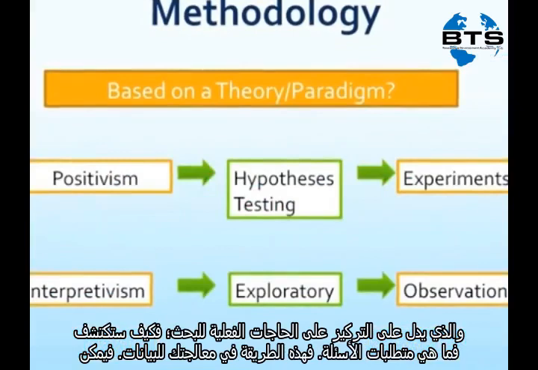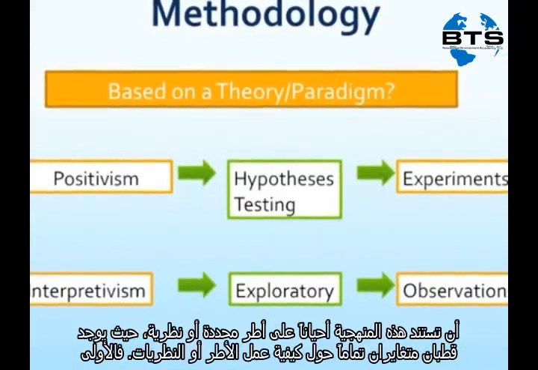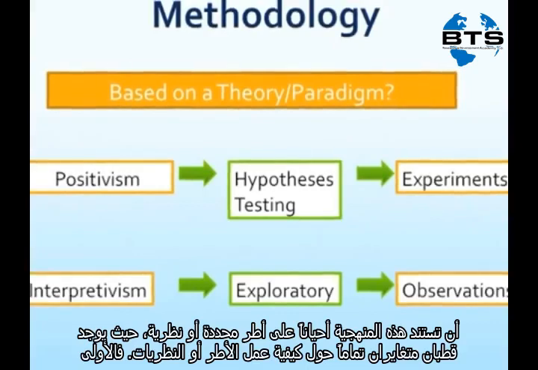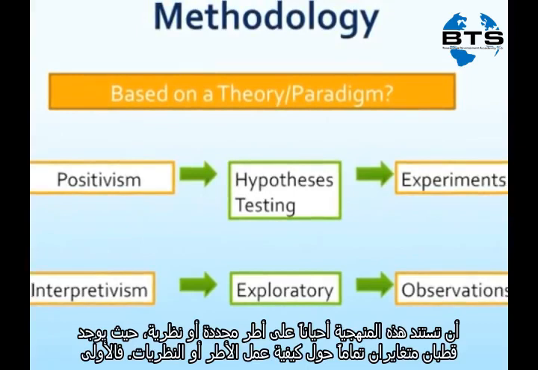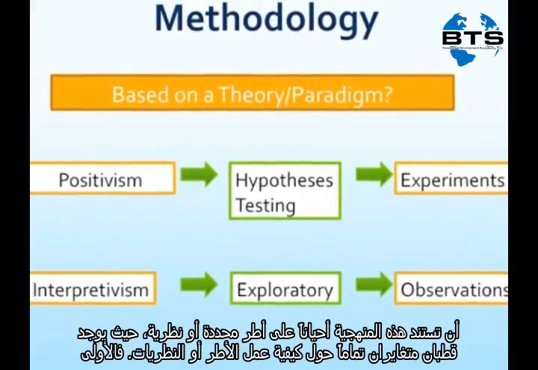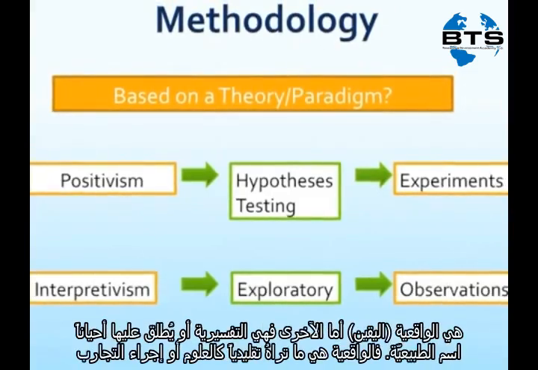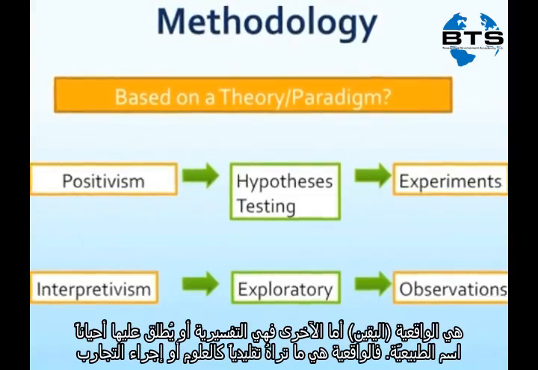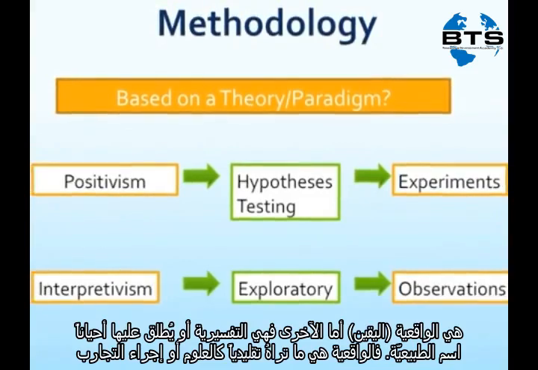This way of approaching your data, this methodology, can sometimes be based on certain paradigms or theories. And there are two major opposite ends of the pole, if you like, in how these paradigms or these theories work. The one is positivism and the other one is interpretivism, or sometimes called naturalism. Positivism is what you would traditionally see as science, as undertaking experiments.